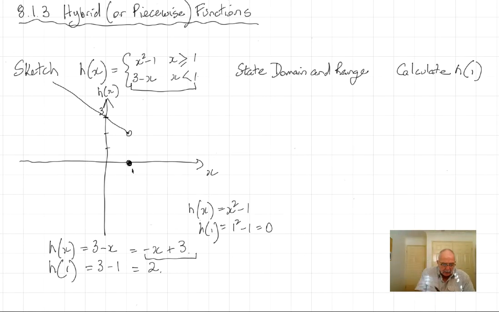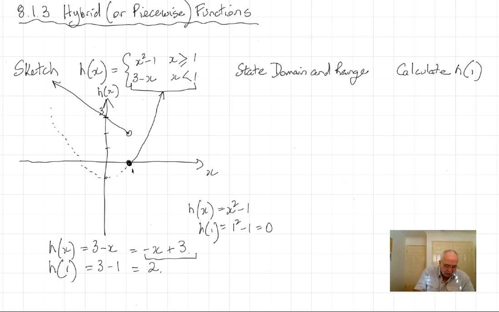Now, x squared minus 1 is like our parabola y equals x squared. Minus 1 moves it down. So it would be like, if I just do a few little dots here, a nice parabola. So it does not include that bit, but then it goes up like this. It does not include the dotted bit. And there's the graph of our hybrid function. This goes on forever, and that one goes on that way forever.